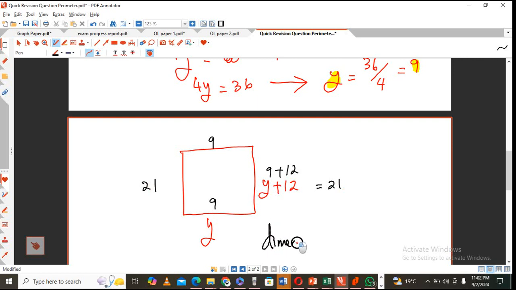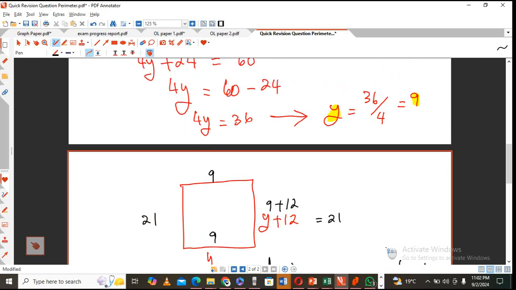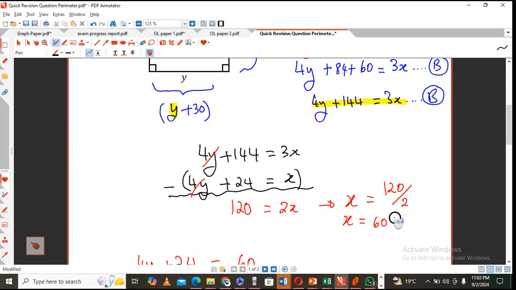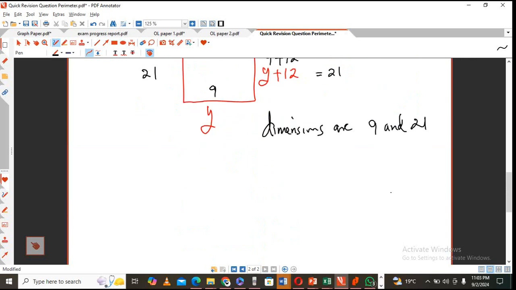So the dimensions are 9 and 21 units respectively. It could be meters. They want us to find the dimensions, so it's 9 and 21 meters.